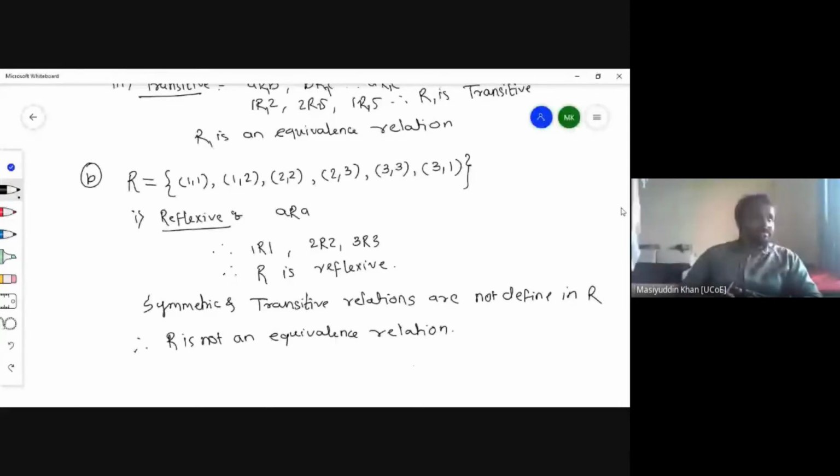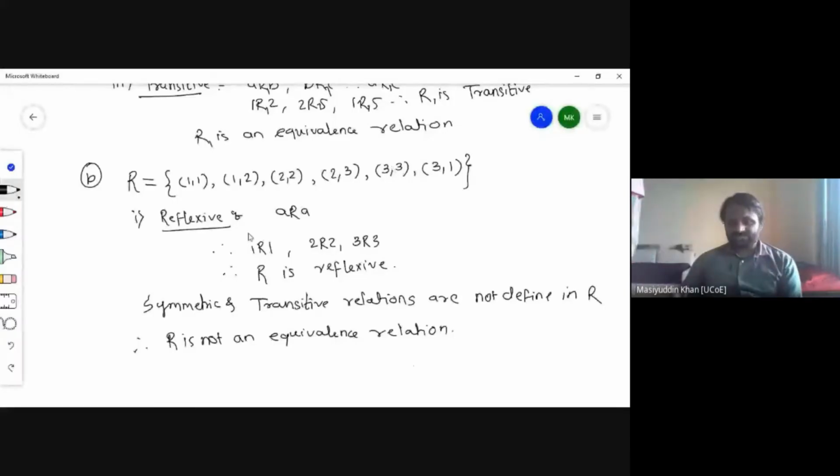If I say reflexive means related to itself only, or if A related to A, or if in a set 1 2 3 the relation is defined like (1,1), (2,2), (3,3), then we can say that a reflexive relation is present here.